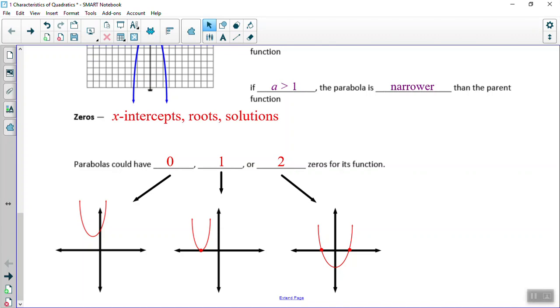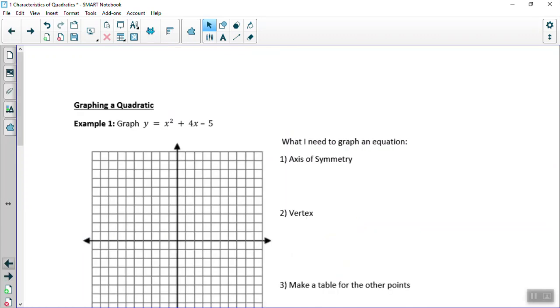Right? Keyword x-intercepts. If it has 1 zero, it means that just the vertex touches the x-axis. And if it has 2 zeros, then it means that my parabola completely crosses the x-axis and we hit the x-axis twice.